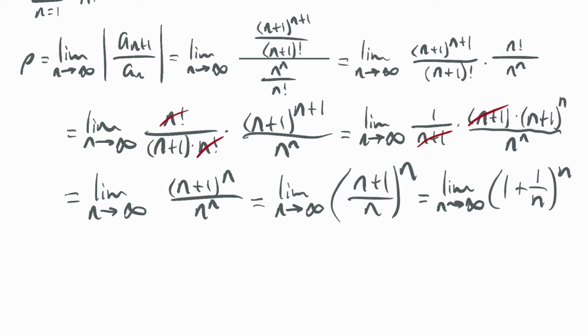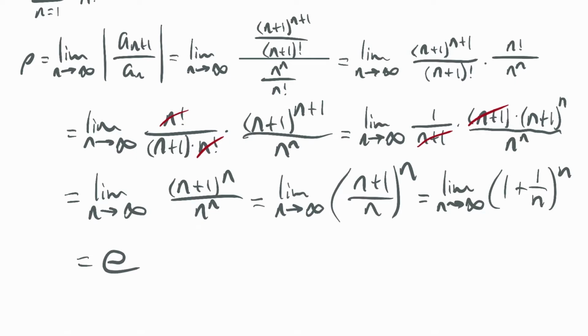All I did was take these two numerators and separate them into two fractions, n over n plus 1 over n. Either you see what's going to happen, or you don't. I'm not going to go through the whole process. This is something you saw in Cal 1. But basically, this equals e.